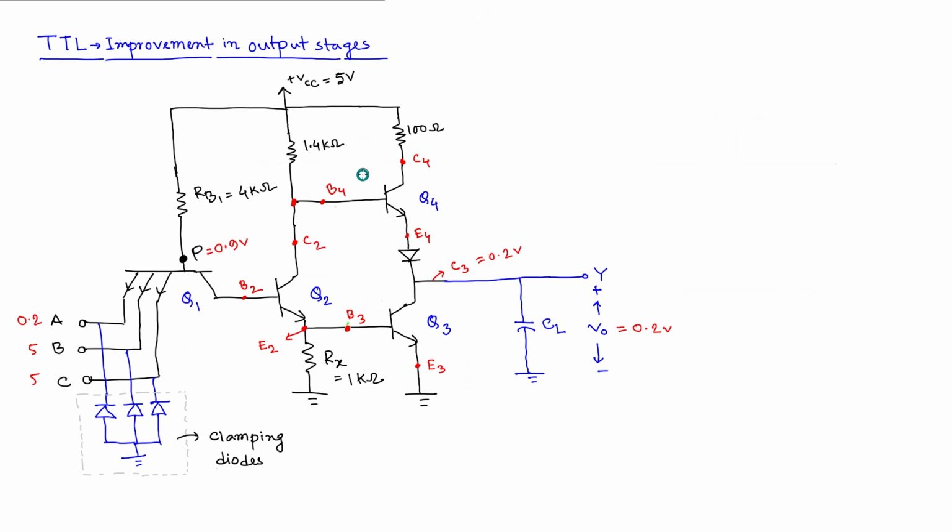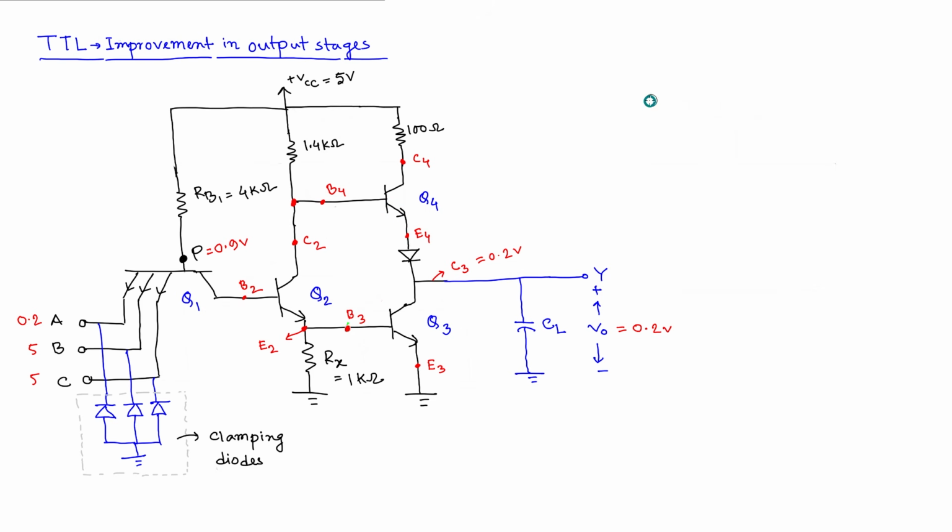B4 will provide the amount of voltage required for these to get saturated and these to be turned on, along with whatever voltage we have here, because through this path current will flow. For that we need 0.8 here if I want to make Q4 saturated.